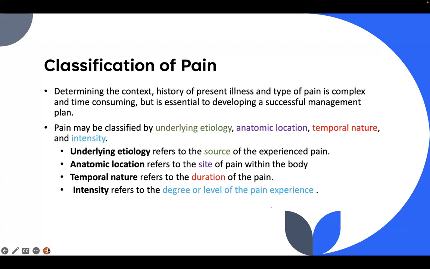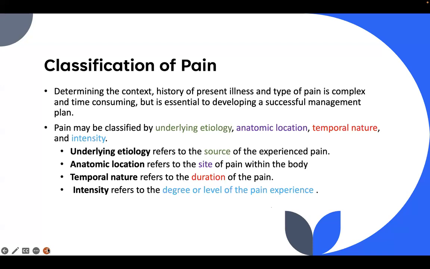When we're classifying pain, it's important that we know how to define it, whether helping an individual or for yourself, so you can provide a better picture for the provider. It's important to be able to participate in that conversation, determining the context, history of the present illness, and type of pain.